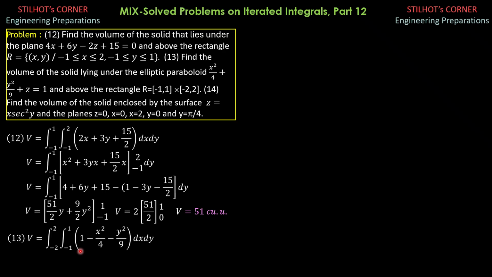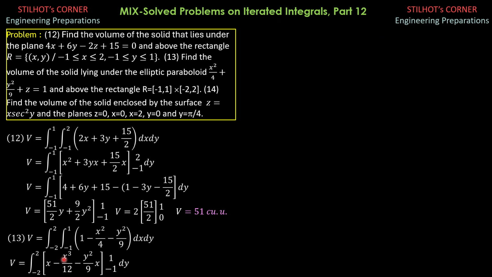So this is the integral from negative 2 to 2 of the quantity x minus x cubed over 12 minus y squared x over 9, from negative 1 to 1. So all terms are added. So this would be the integral from negative 2 to 2. This becomes 2, 1 minus negative 1, so 2.